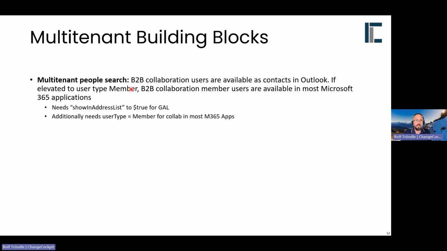If you convert B2B collaboration users from guest to member, then Entra ID will treat these users as internal users, and such a user will also get the same permissions as a normal member user in your organization. So if you elevate the guest users to member users, then these users will be available to work with and to collaborate with in most Microsoft 365 applications.